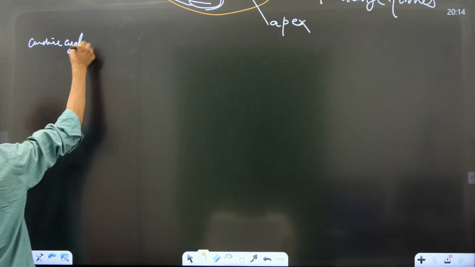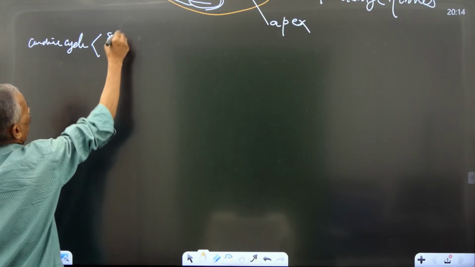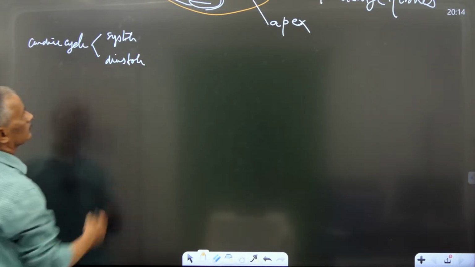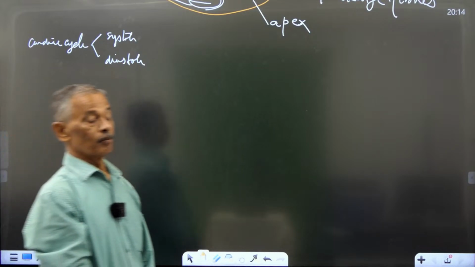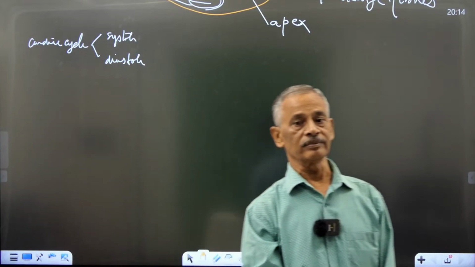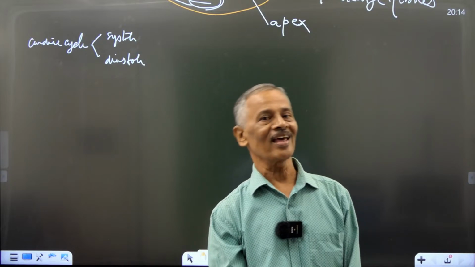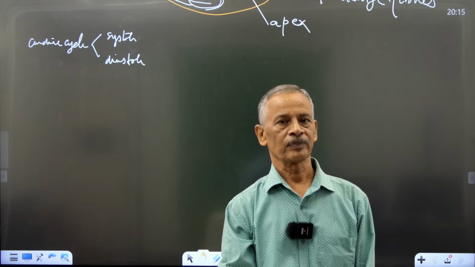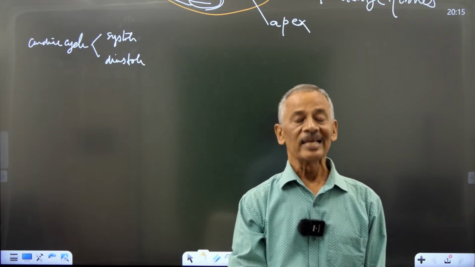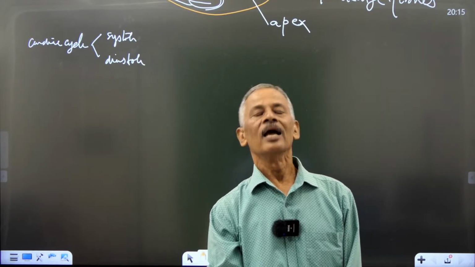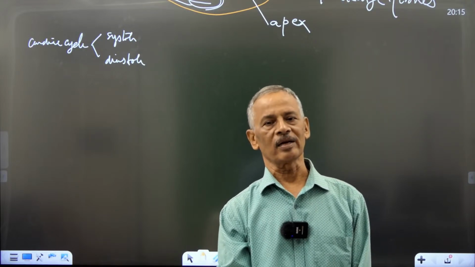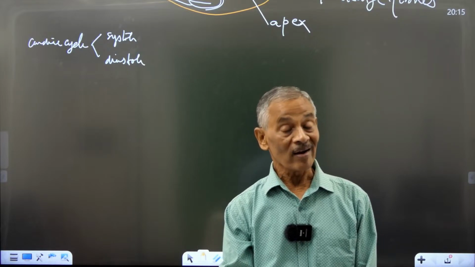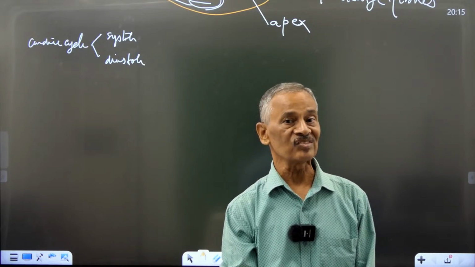Cardiac cycle consists of systole followed by diastole. Again, both atria and ventricle are contracting one after another, not simultaneously. There is first atrial contraction. Only after that, ventricle contracts. Both are contracting one after another, that is successively.